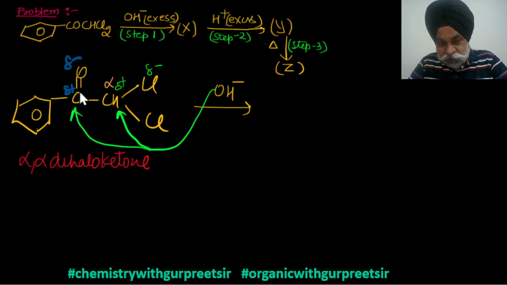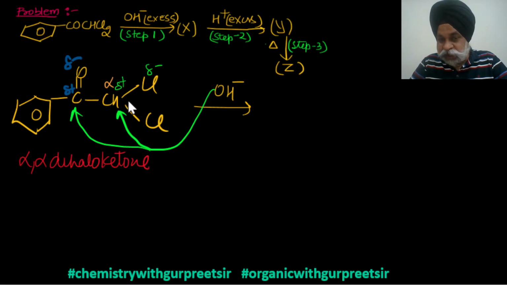If I attack onto the carbonyl carbon, then it would lead to a nucleophilic addition type of reaction. And if I attack onto the carbon containing the halogen group, then it is a nucleophilic substitution.